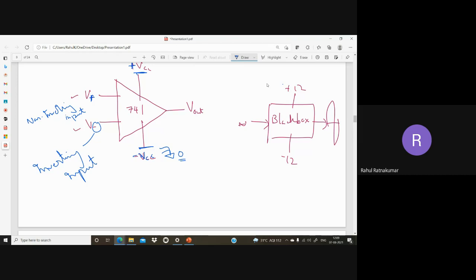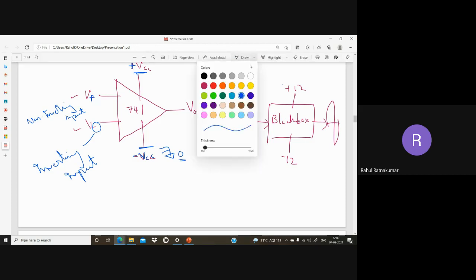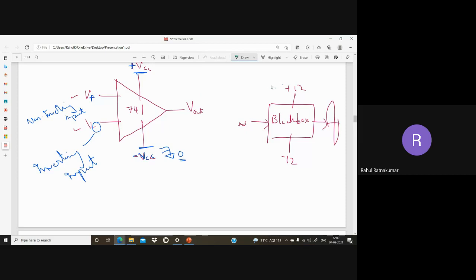Now, what do you mean by inverting and non-inverting input? If you give some input at the non-inverting point, you can see the output will be amplified, whatever we want, but it's not inverted. There is no phase difference. The input is VI, and the output is gain times VI.